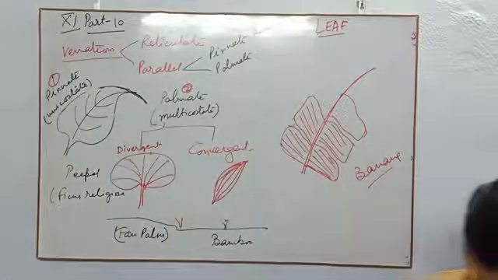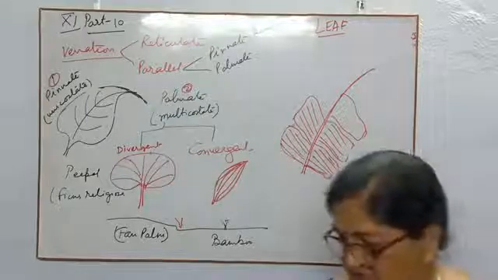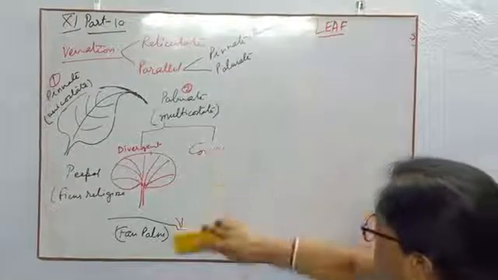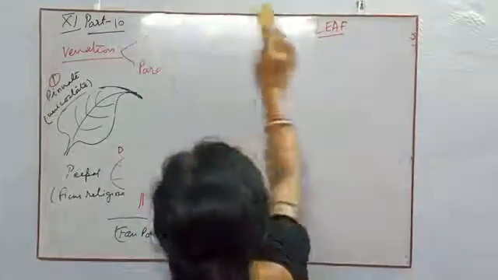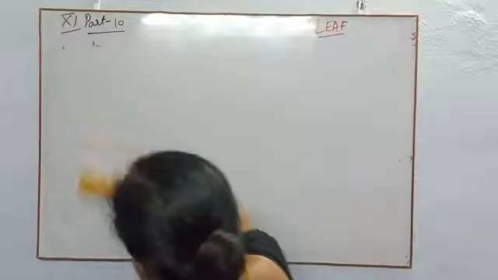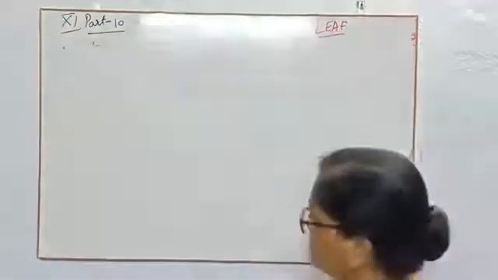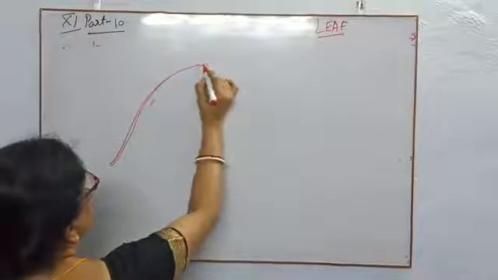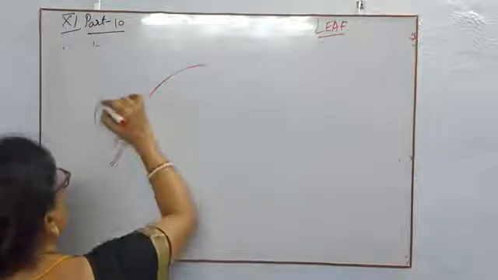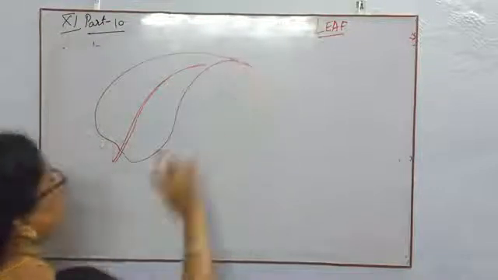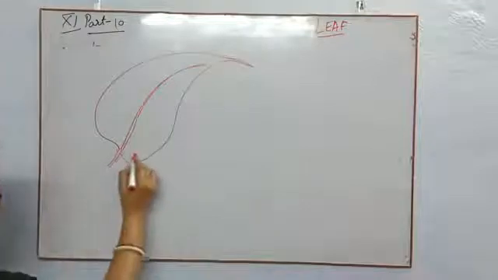Now children, we will come to the structure of the simple leaf and compound leaf. In a simple leaf, the main character is that the midrib remains the same in the middle, and the lamina is not bifurcated or divided. The lamina will remain single.